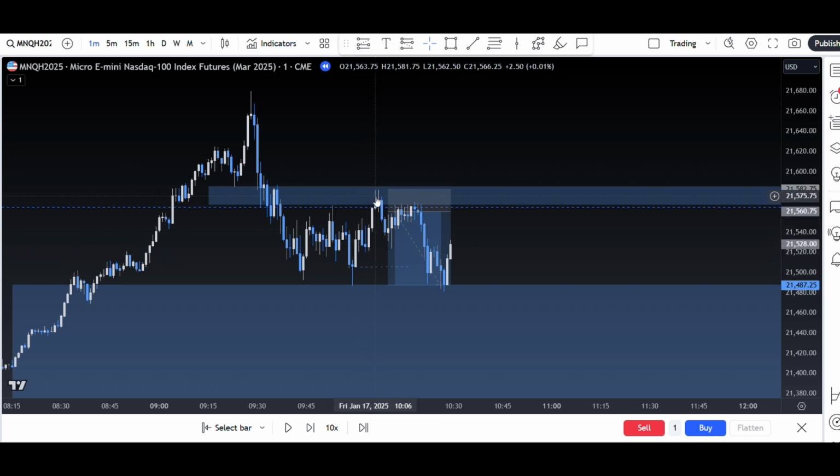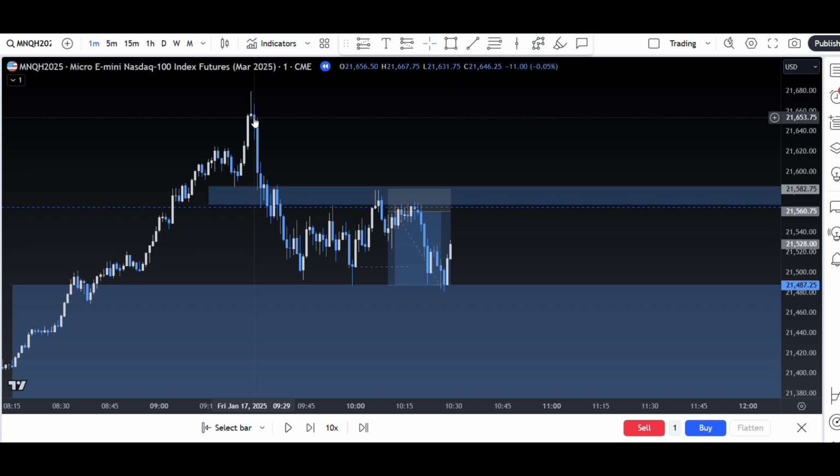This was our area of interest, the 15-minute fair value gap. Once we came into this fair value gap, I go to the 1 minute chart and look for a change in the state of delivery, which is where we have this down close candle here, take out the low of the last up close candle.